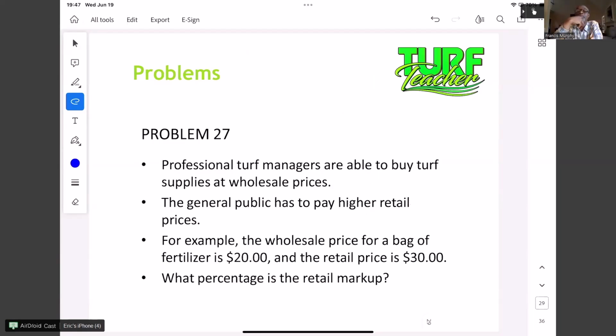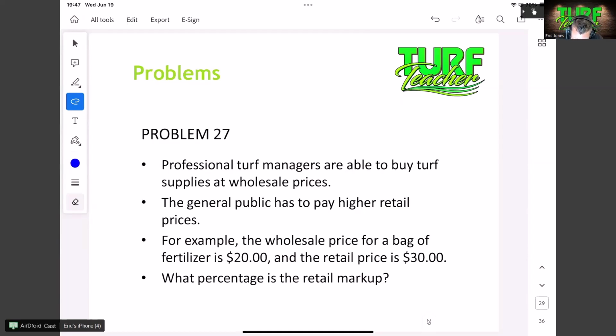Problem number 27. Professional turf managers are able to buy turf supplies at wholesale prices. The general public, of course, pays higher prices. For example, the wholesale price for a bag of fertilizer is $20. The retail price is 30. What percentage is a retail markup?